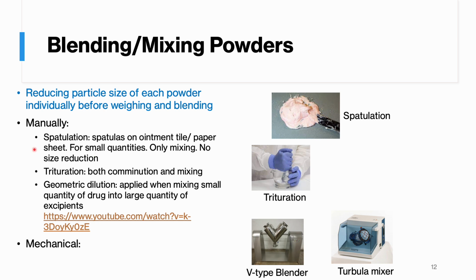In compounding pharmacy, manual methods are usually applied to mix or blend the powders together. Spatulation can be done using the ointment tile or ointment slab and spatulas. Small quantities of powder or other ingredients can be mixed together, and there is only mixing, no size reduction, in spatulation.